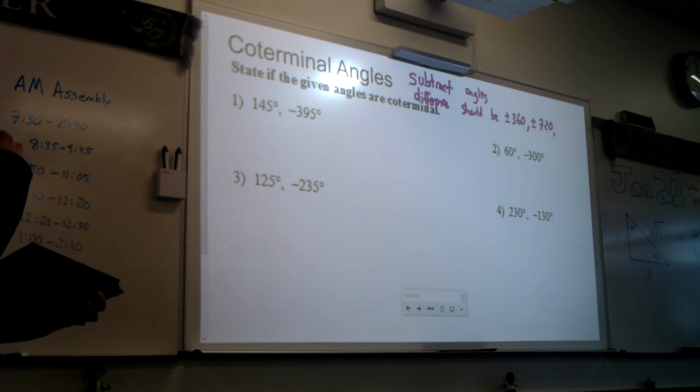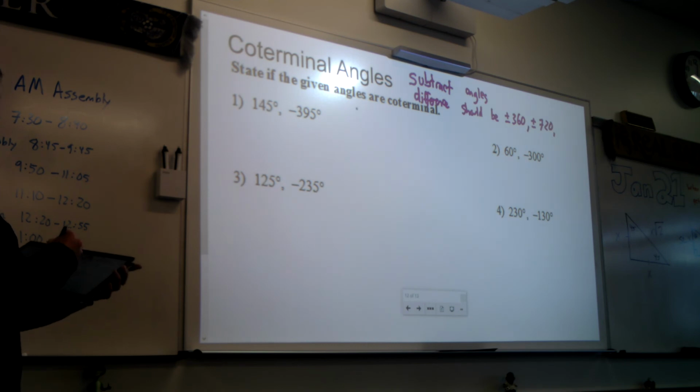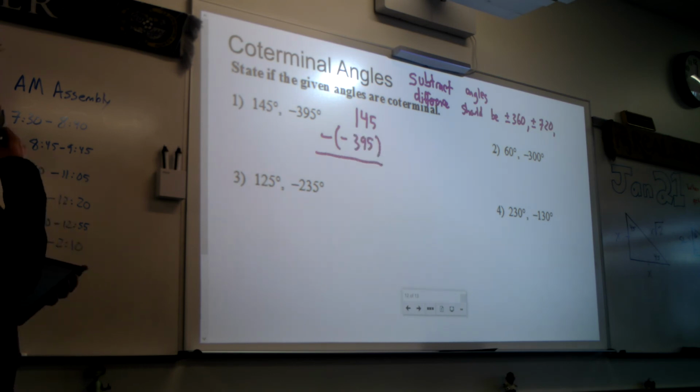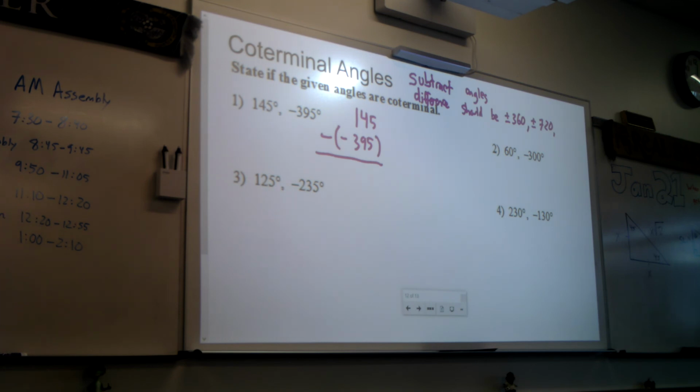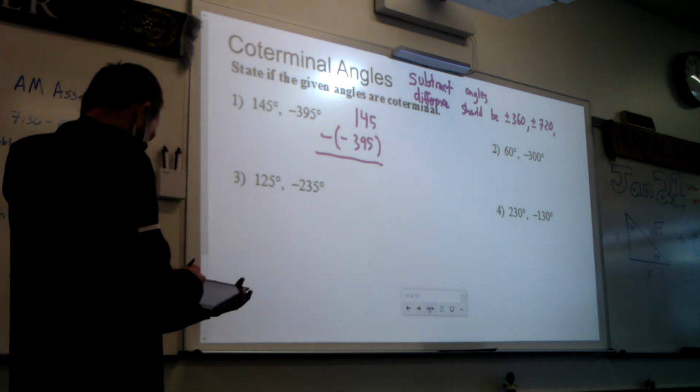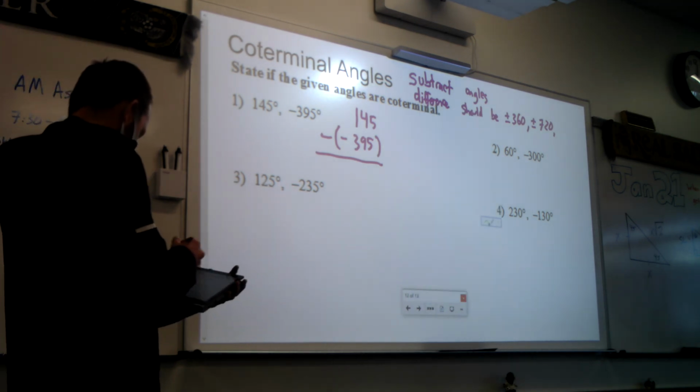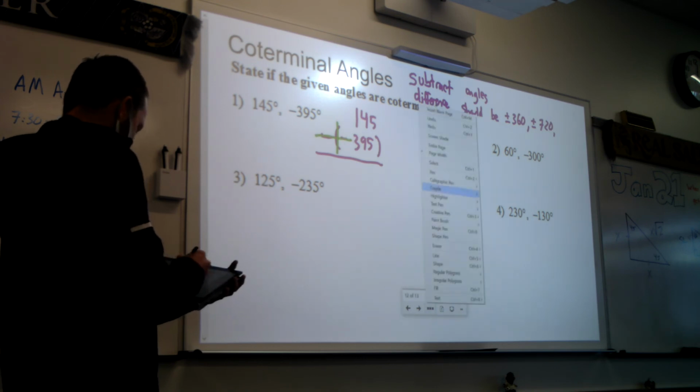Okay, so let's do number one. I'm going to do 145, and then I'm going to subtract a negative 395. Now, what happens when you subtract a negative? So we're no longer subtracting, we're adding. I'm going to put a little note here that this is going to turn this into adding. So let's add that.